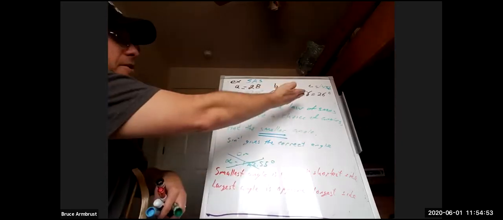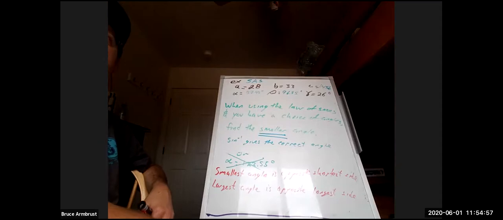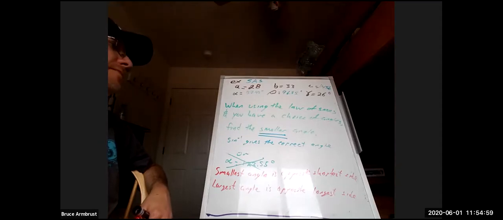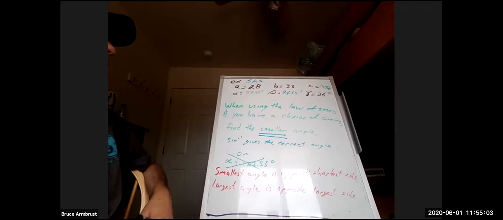And just realize what we did. We found the third side, because that's what the law of cosines pushes us towards. Then we found an angle. Go for the smaller one, use the law of sines. And then once you've got that second angle, the third angle basically comes for free. All right, so there's your side-angle-side.